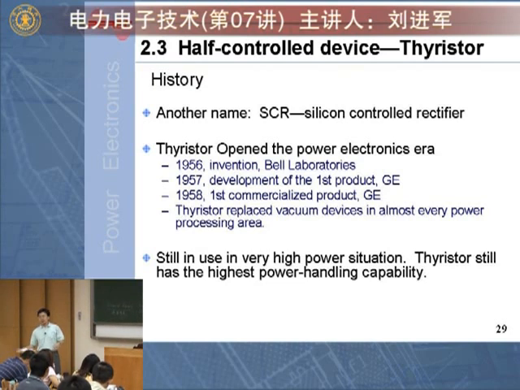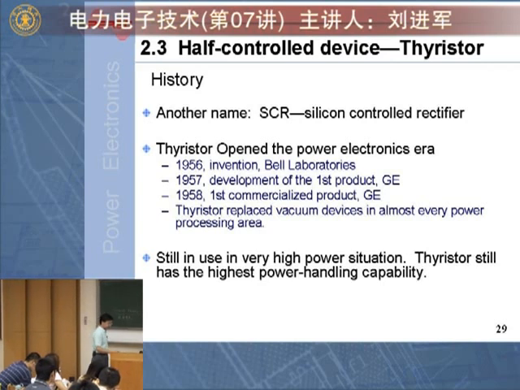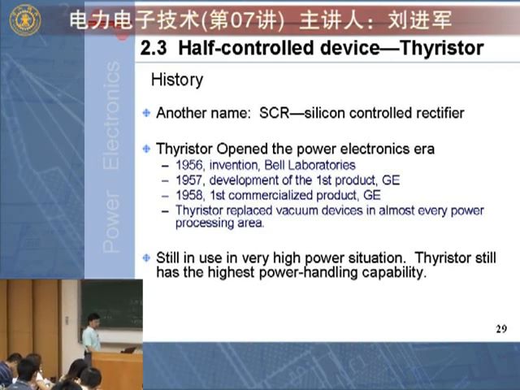If you look at almost every aspect, the volume, the size, the weight, and the controllability, in every aspect the thyristor is much better than the vacuum tube device. Thyristors are still in use today in many applications, especially in very high power situations.